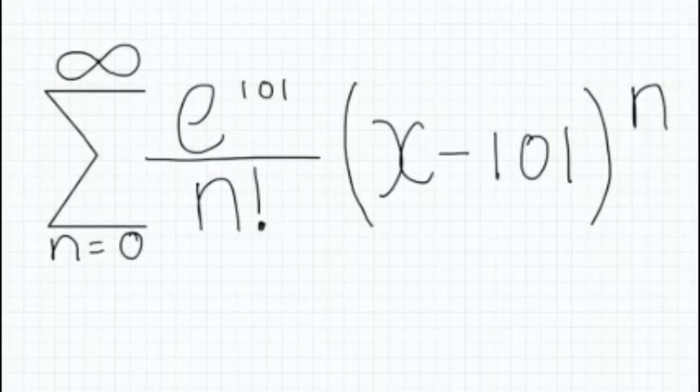But I did 101 in this example to illustrate how we would do it, and also to illustrate that we would leave the final answer in this non-simplified form of e to the 101 over n factorial times x minus 101 to the n, because we don't want to write a really messy expression.